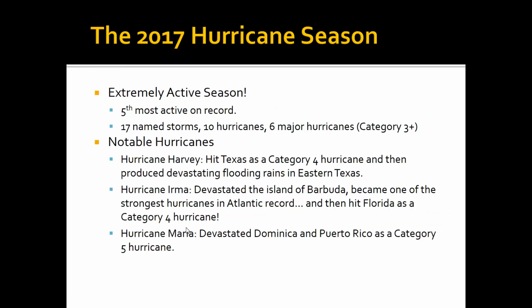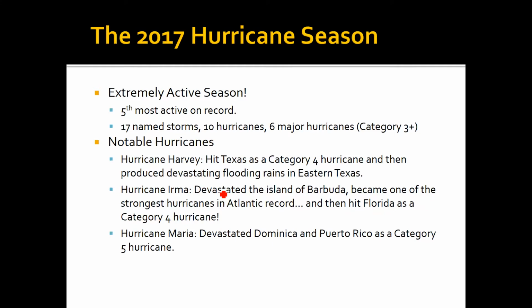Now, the last thing I'll talk about with this particular lecture was the 2017 hurricane season. So I'm actually giving this lecture after this season occurred. The 2017 hurricane season in the Atlantic Ocean was extremely active. It was actually the 5th most active season on record.